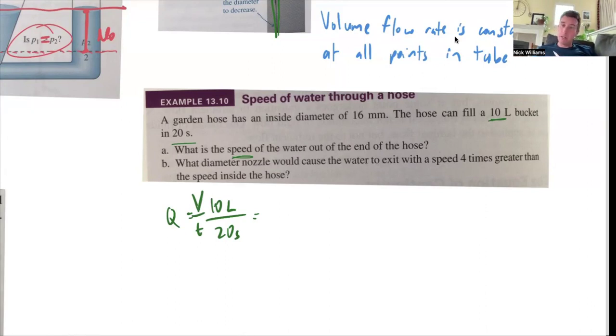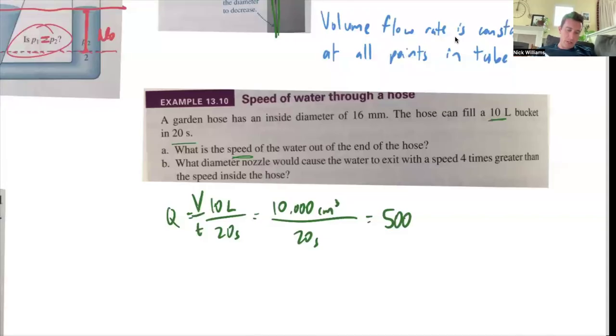There's 1,000 milliliters, and a milliliter is equal to a cubic centimeter. So that's 10,000 centimeters cubed in 20 seconds. That means if I divide here, 10,000 divided by 20 is 500 centimeters cubed per second.